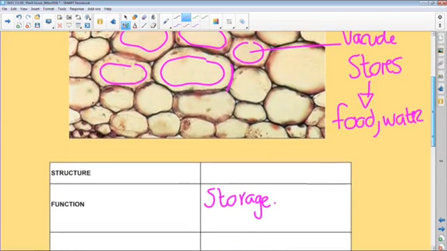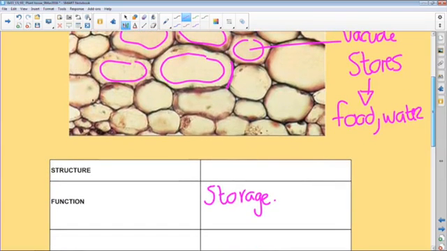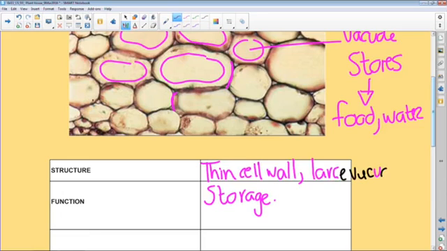So now when we go to our table, how would I describe it? Have a look at the cell walls. It's got a thin cell wall, and it's got a very large vacuole. Sorry, I'm pushing knobs over here, guys, so I apologize if it comes up in different colors.